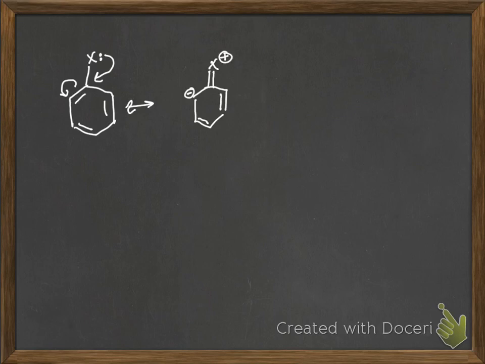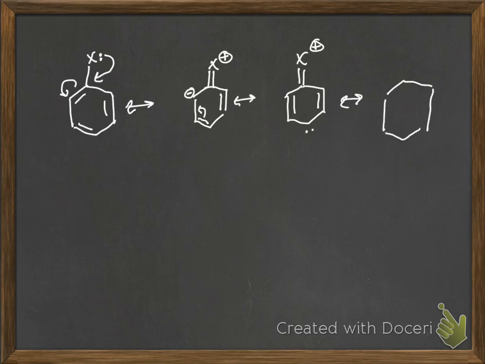So there's our first resonance structure as it's added electron density in. Here's the second. And here's the third. Do you need a negative charge or do you need a pair of electrons? The answer is whichever you would actually prefer.